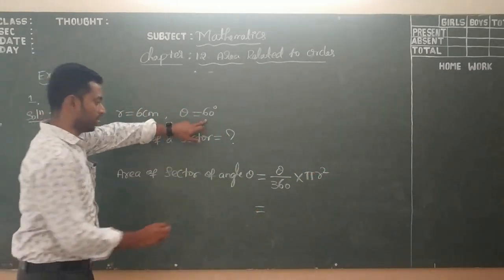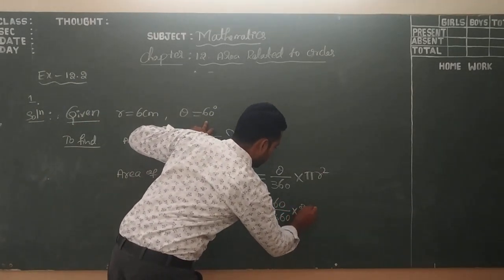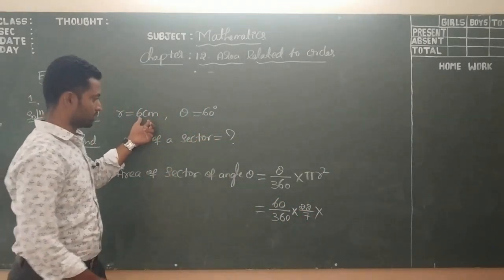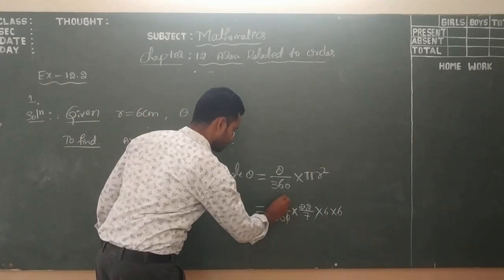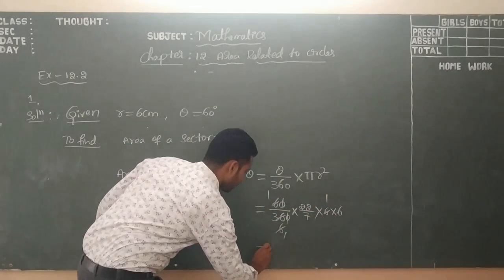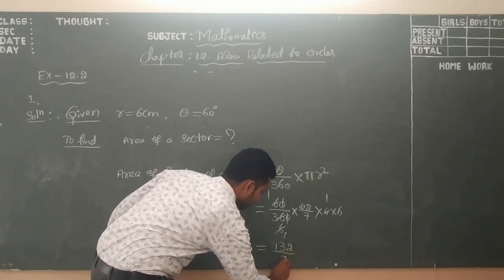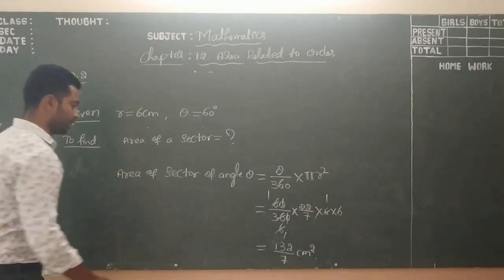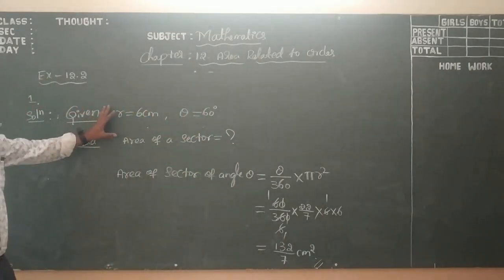Theta is given, 60 degree by 360 into pi, which is 22 by 7, into r square. Radius is 6, so 6 into 6. Here the zeros get cancelled. 6 ones are 6, 6 sixes are 6, so 22 into 6 is 132 by 7 centimeter square. The area of the sector of an angle theta is 132 by 7 centimeter square. Okay, so this is the first problem.